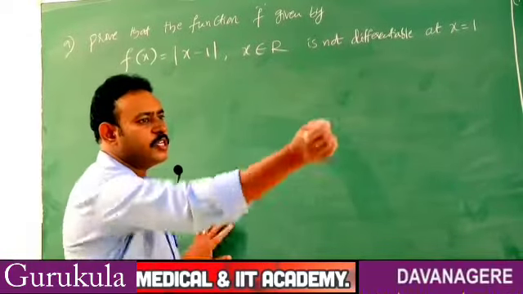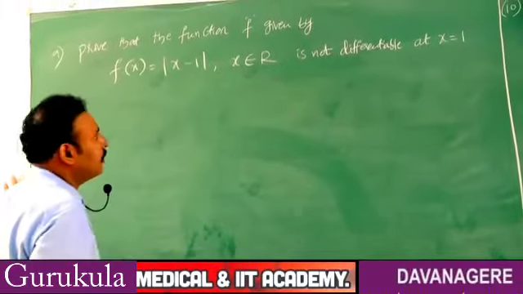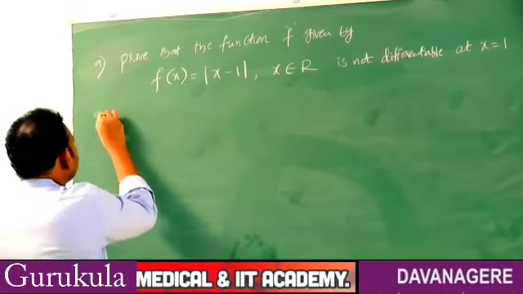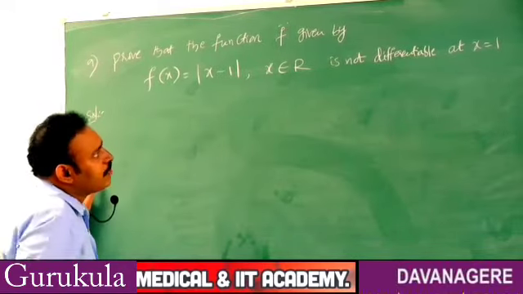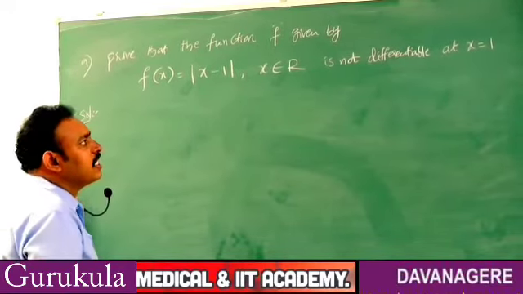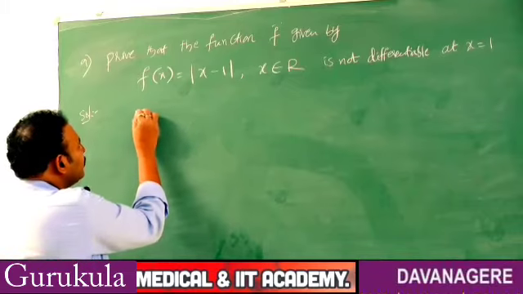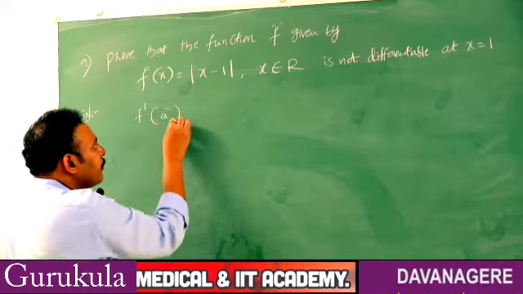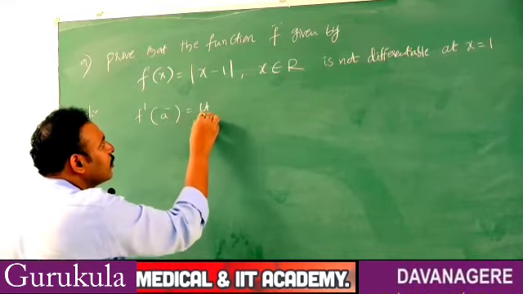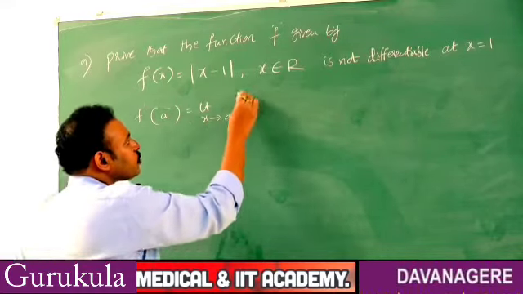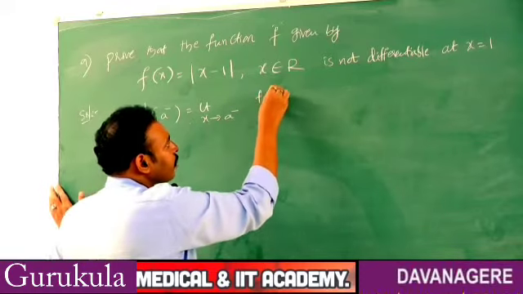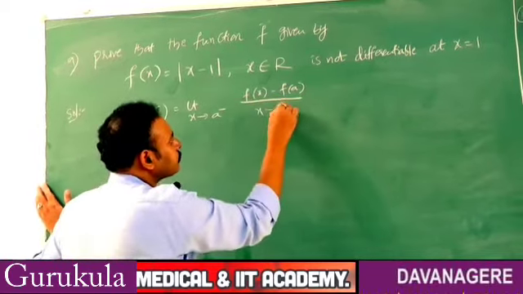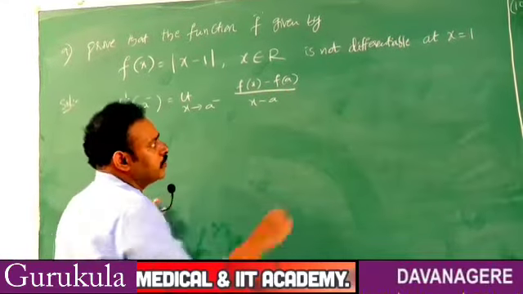Okay students, you see the 9th and 10th problems, modulus function given. Prove that the function is not differentiable at x is equal to 1. That is, differentiation definition: left hand derivative f dash of a minus is limit x tends to a minus f of x minus f of a by x minus a, students.